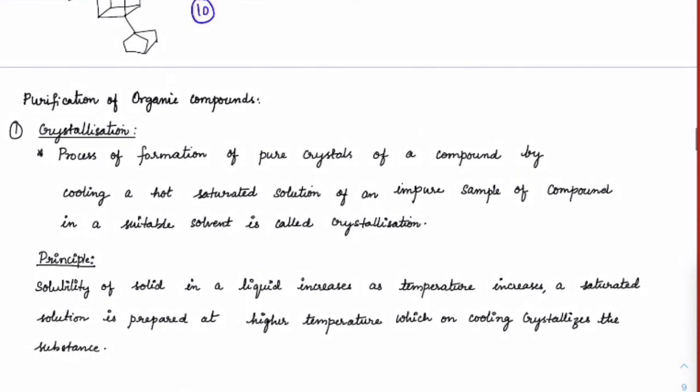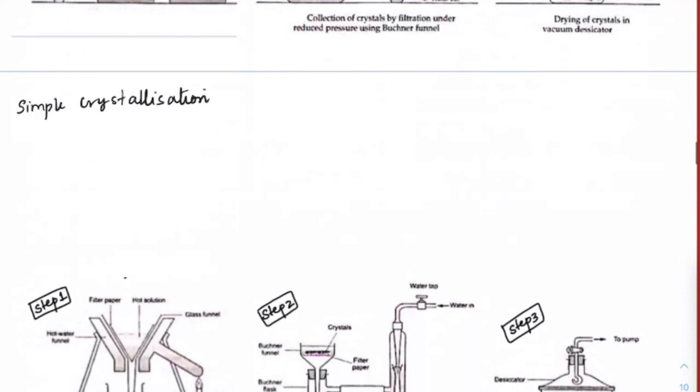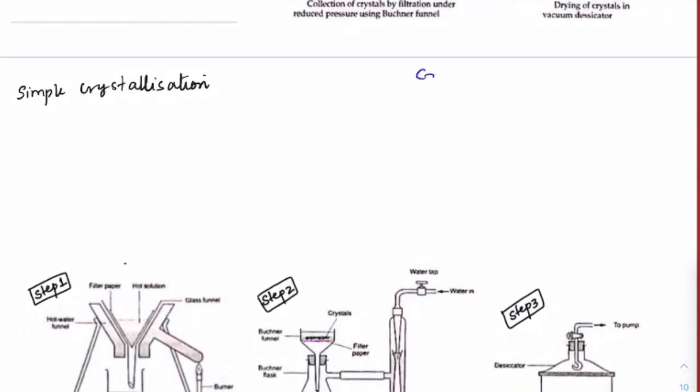Now, the entire idea is to purify the organic compounds. There are many processes, out of which the most important processes which we will be studying are crystallization, distillation, and chromatography.